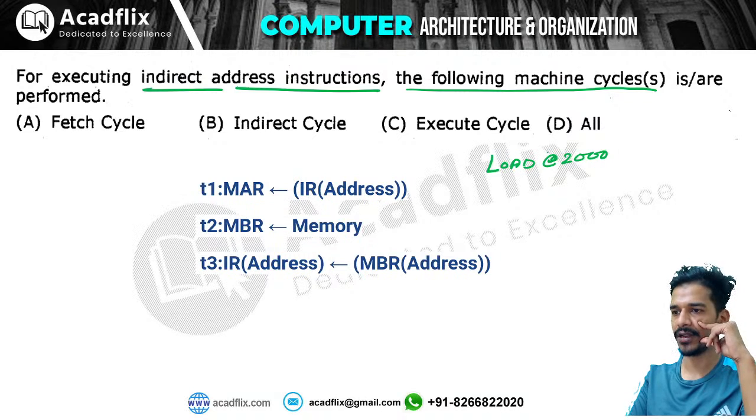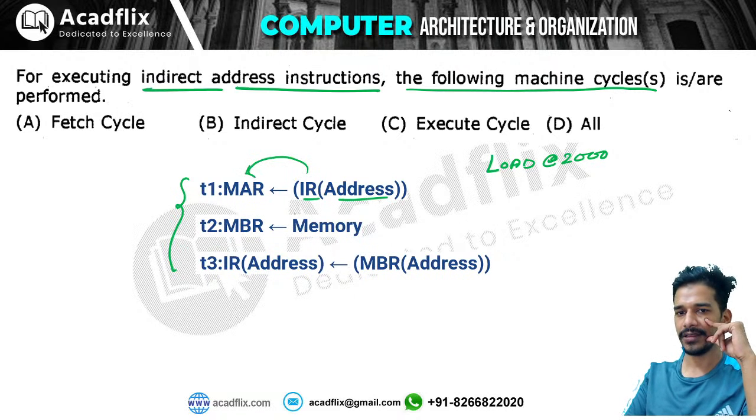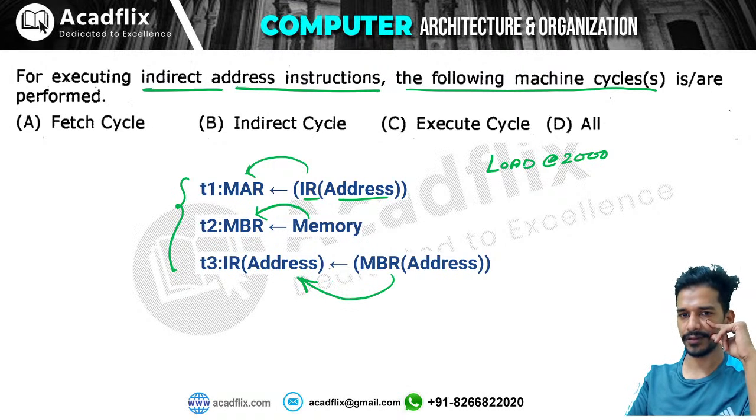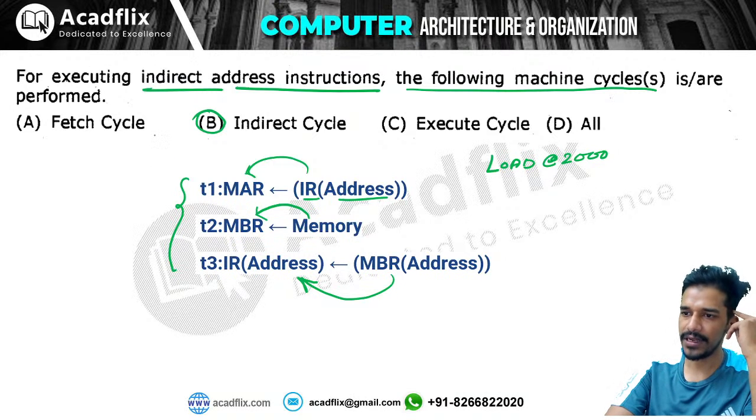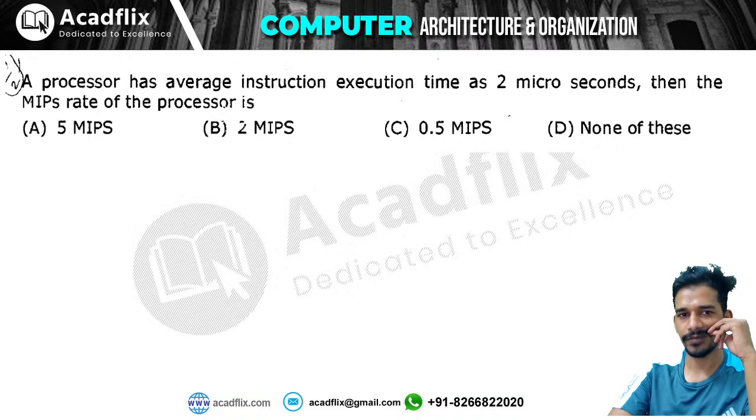That means we have to run an indirect cycle, right? And this is the indirect cycle. You will transfer the address part of the instruction register into the MAR, then you will read the memory from this location and transfer the data into the MBR, and then from the MBR address part to the IR address part. So that is the indirect cycle. If your instruction is using indirect addressing mode, then you will require an indirect cycle.